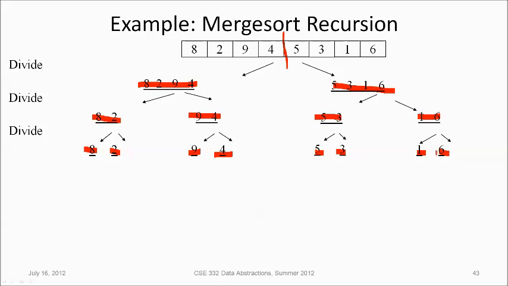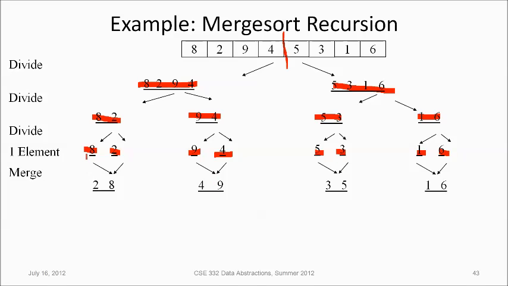Now we're done dividing. The next step is what? Merge. So merge the one element. 8 and 2, we're going to sort. Since 8 is greater than 2 and 2 is less than 8, swap.